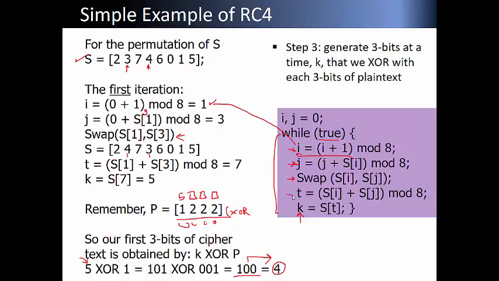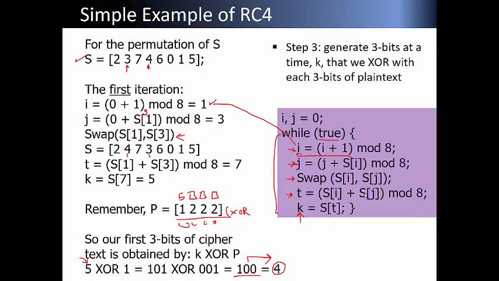And now we need to do S of I plus S of J, add them together and modulo 8. So S of I, what is I currently? 1. J still 3.